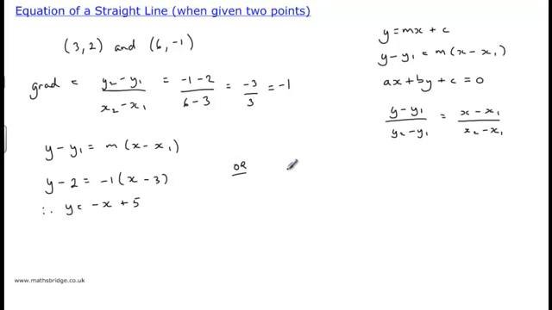There is an alternative method that you could use. Using the fourth equation that I've written on the right hand side, and using both of the points given, we can substitute the values of the points to give (y minus 2) over (minus 1 minus 2) is equal to (x minus 3) over (6 minus 3).